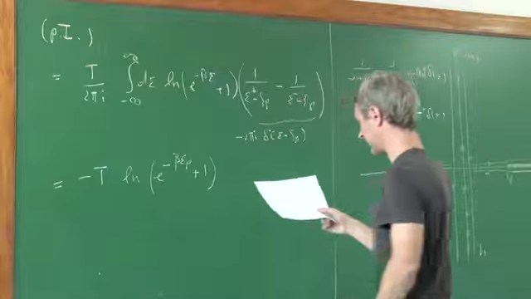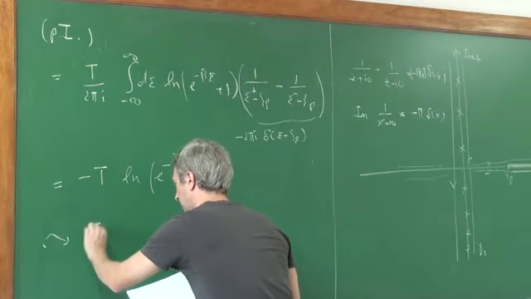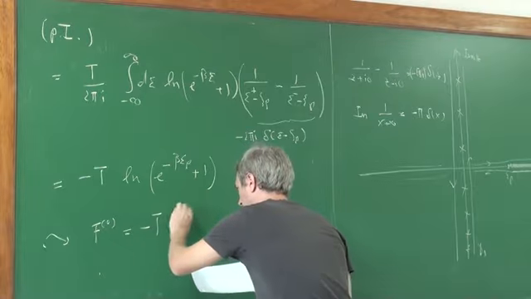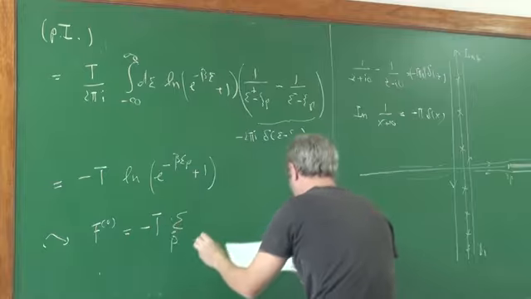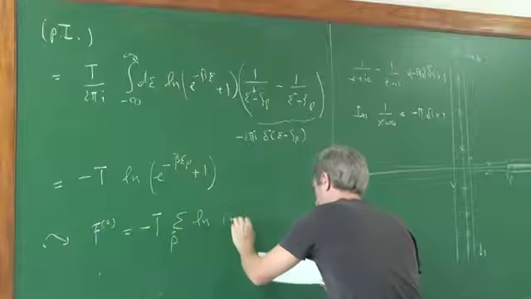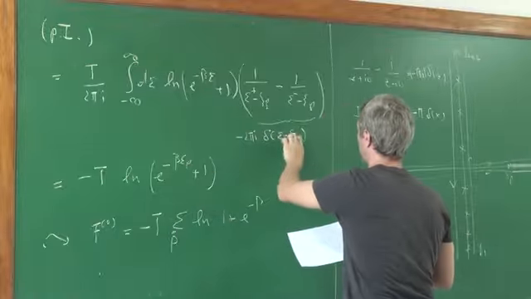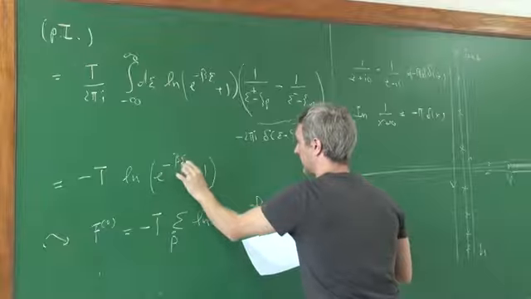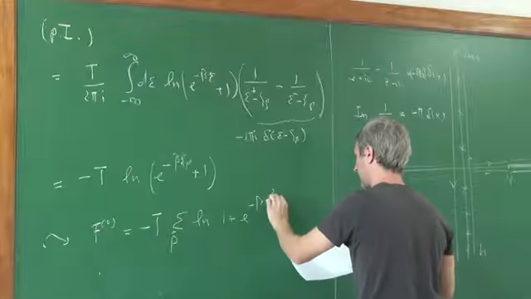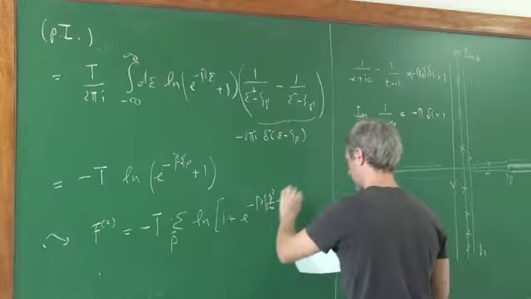Okay, so this is the result, and if we now put this into the free energy, of course we get what you already know: we remain with the sum over p, and then we have the log of 1 plus e to the minus beta, where I put in again the epsilon p, which was p squared over 2m minus mu, and log this here.